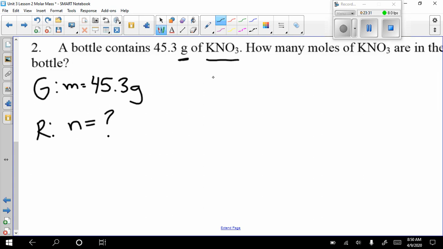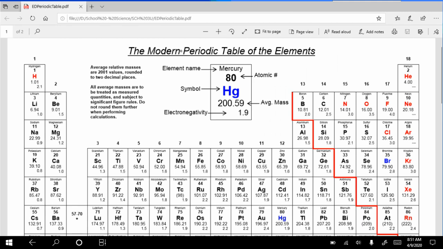And now another thing that I've been given is I can go to the periodic table and calculate the molar mass of KNO3 or potassium nitrate. So here we go. It's going to be 1 times the mass of potassium. So I'll look up potassium.